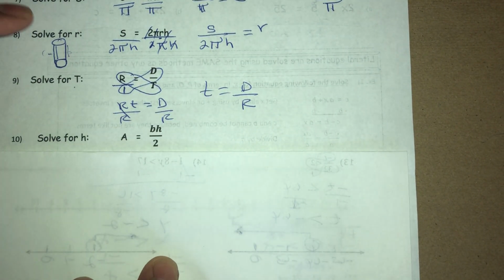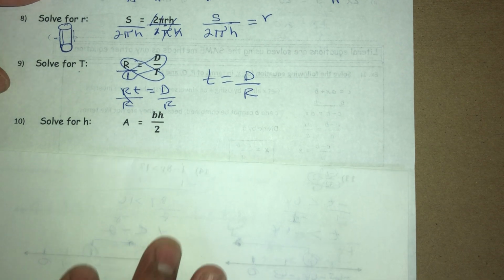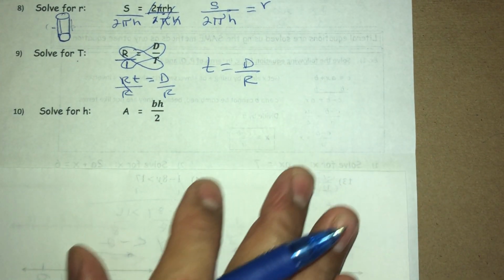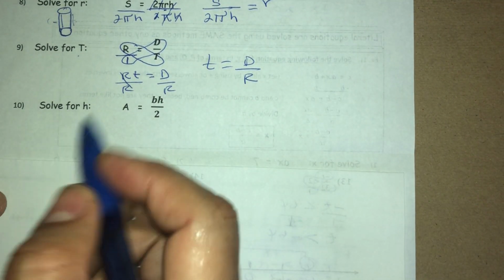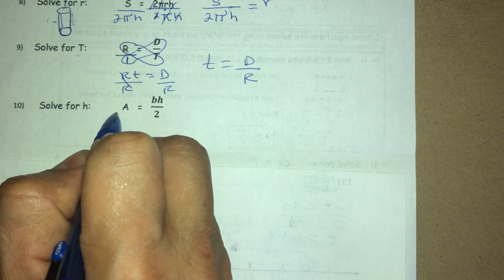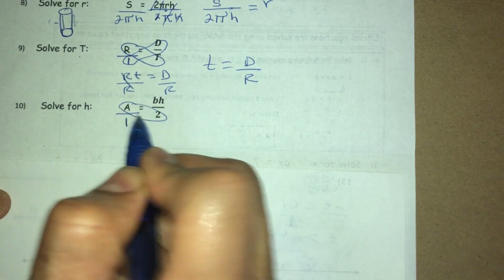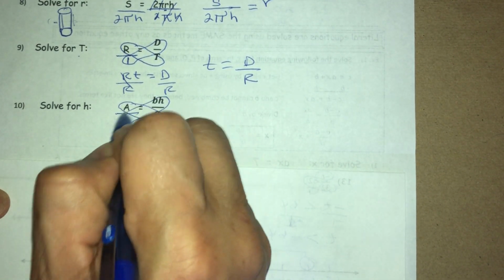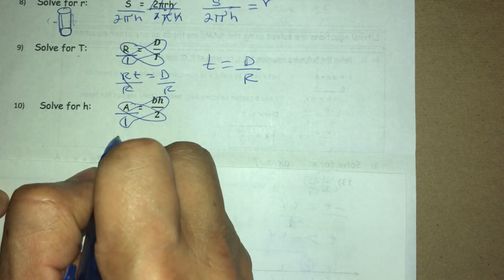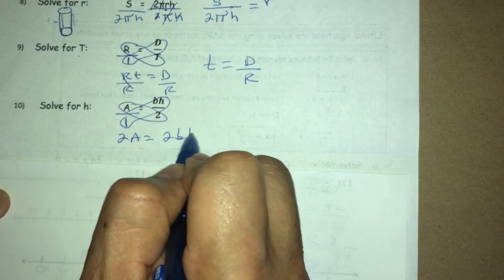It's the same process as a regular equation. The only thing is you're not going to end up with a whole number as an answer. You're going to end up with another expression. Okay, same thing here. We need to solve for h. Remember, that's a variable alone. Just put a 1 underneath and cross multiply. Multiply this times that and that times that. So a times 1 gives a equals bh.